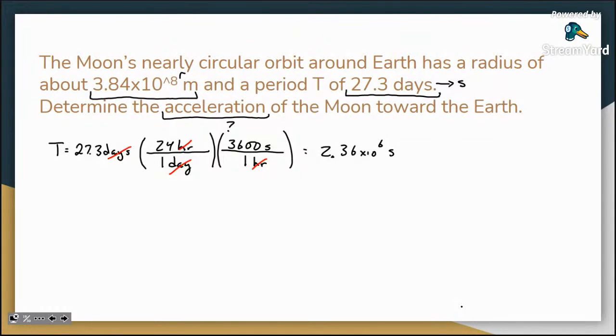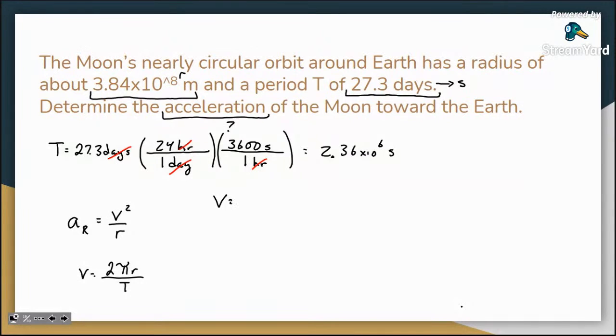Okay, so now determining the acceleration. Centripetal or radial acceleration is going to end up being v squared per r. I don't just have a velocity, so I'm also going to have to use the equation that v equals 2 pi r per T. And this time I'll work it in 2 separate problems to show you how that's done.